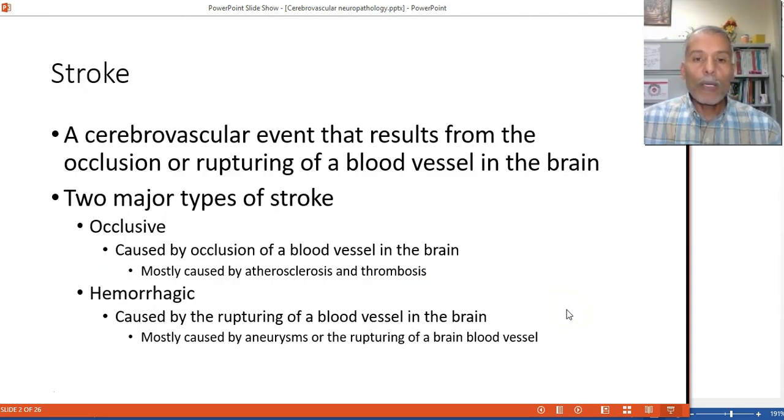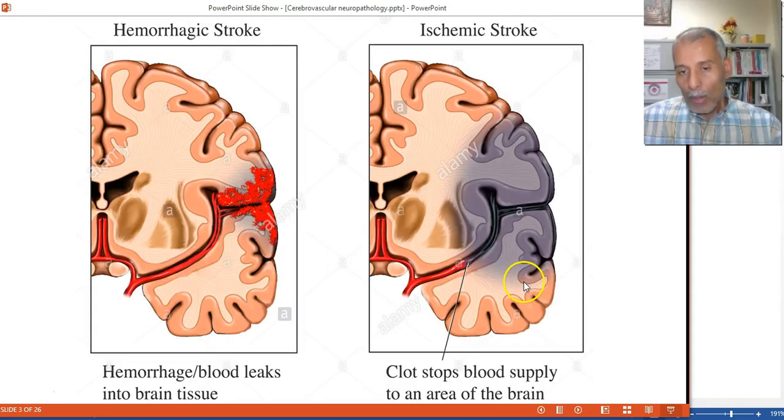The occlusion part, when the blood clot or a piece of plaque blocks the artery, then the entire area, as you could see, becomes deprived of oxygen and glucose, and the whole area that is supplied by the artery doesn't get its nutrition, especially oxygen, and without that it cannot survive.